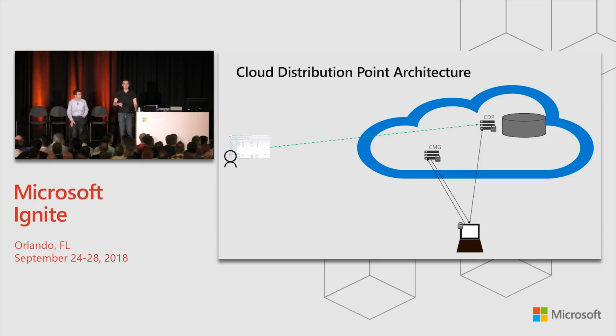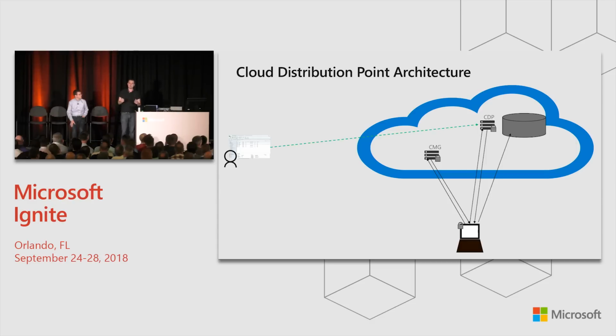However, when the client gets a response from the Cloud Distribution Point, it is not the content that it requested. So the content is not coming directly from the Cloud Distribution Point. Rather, the client is returned a URL and an access token to go and retrieve that content directly from Azure Blob Storage. Because of this architecture, it means that Cloud Distribution Point is insanely scalable.